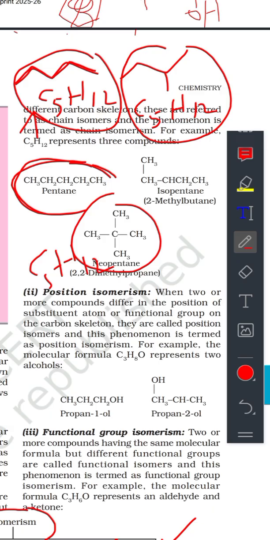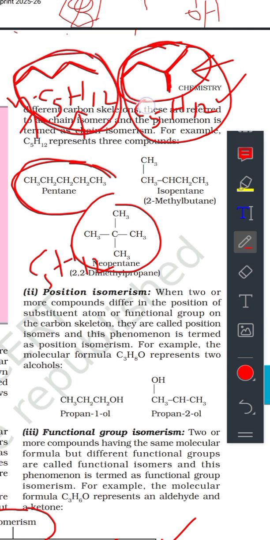This is called N-pentane, normal pentane. In this one, a methyl group is available at the second position, but it has the same molecular formula. So this is a chain isomer of that one. The name of the compound is 2-methyl butane, and this is N-pentane.